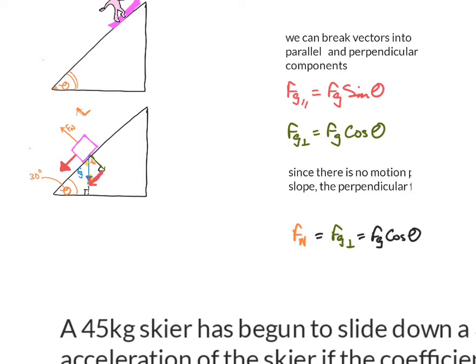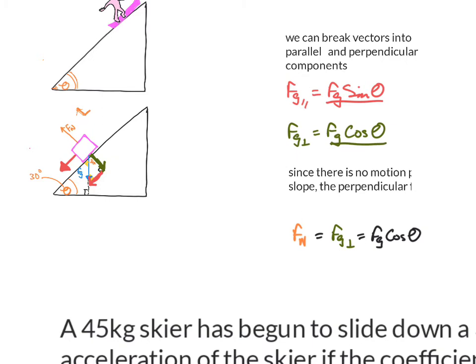That's actually equal to FG sine theta, sine of that angle, which earlier we said our angle was 30, but it could be any angle between 0 and 90 normally. And so that sliding force is equal to that. And the green one, FG perpendicular, which is this one here, is equal to FG cos theta.